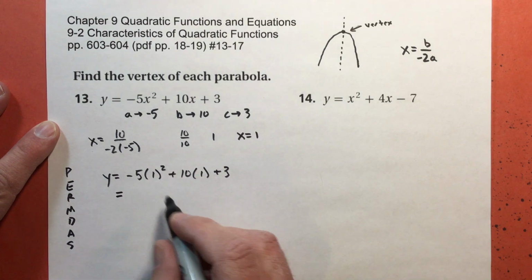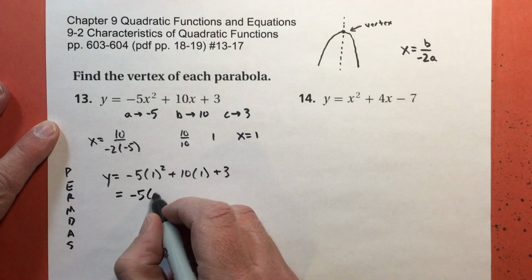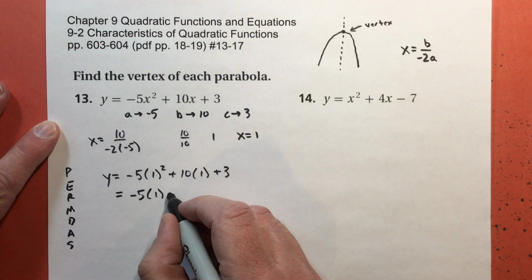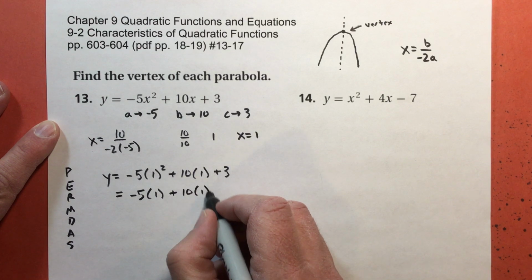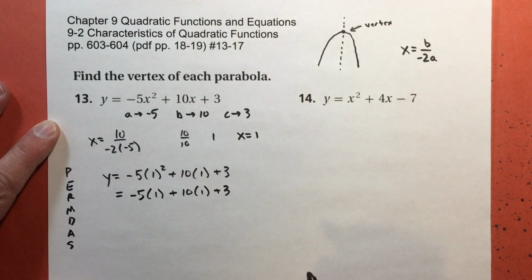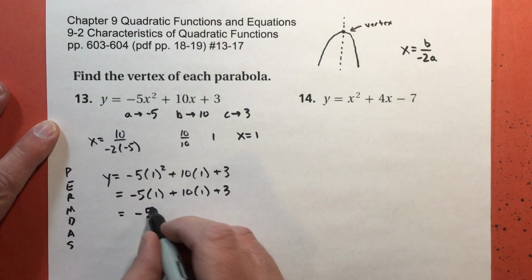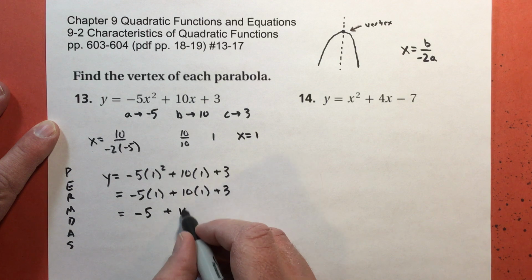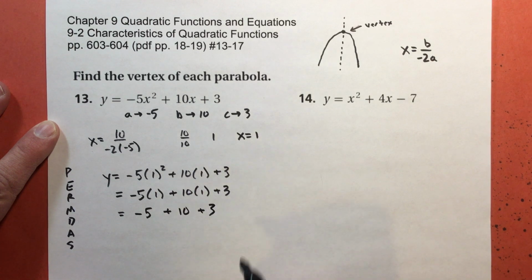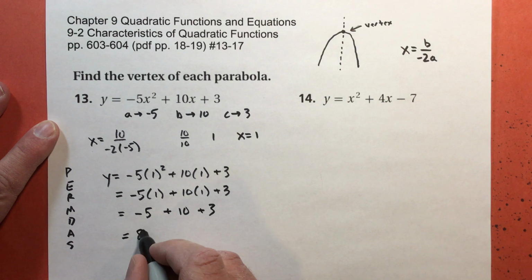So I'm going to get -5 times 1, because 1 to the second power equals 1. And everything else I left alone. Now I multiply. -5 times 1 is -5. 10 times 1 is 10, plus 3. And I have 3 numbers that are being added. Doesn't matter which 2 you pick. -5 plus 10 is 5. 5 plus 3 equals 8.